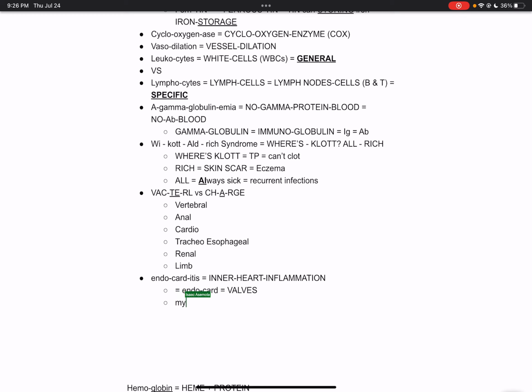As opposed to the myocarditis, which is inflammation of the muscle layer of the heart, right? The heart muscle. And then there's the other thing, pericarditis, which is inflammation of the pericardium, the outer layer of the heart. But peri doesn't even mean outer. Peri actually means around. So it's not part of the heart.